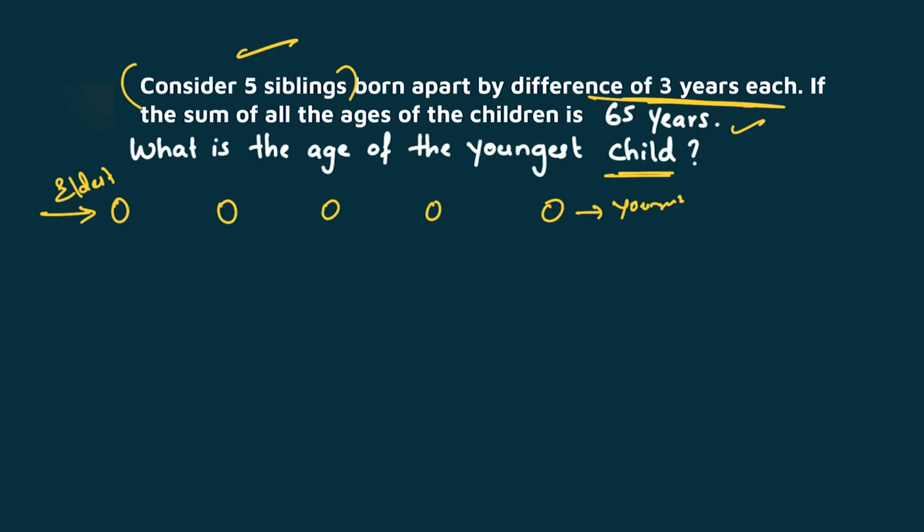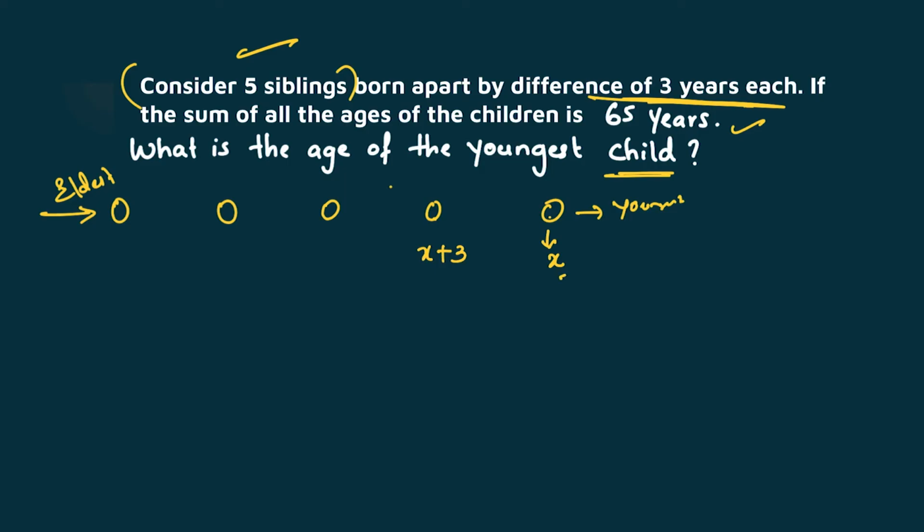They have given that they are born apart by a difference of 3 years. So let us consider the age of the youngest sibling as x. The next sibling is a bit elder, 3 years elder than him, x plus 3, and the third sibling is 6 years elder than the youngest.